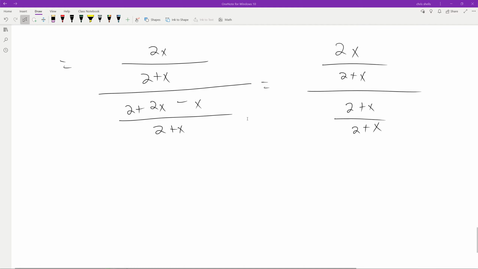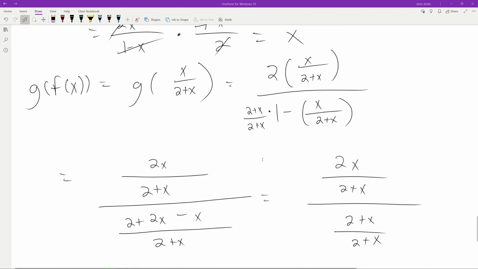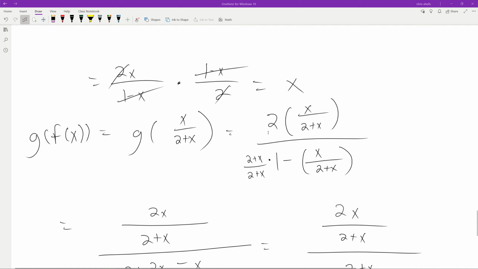Let's see, where did I make a mistake here? I'm certain I made a mistake in the copying. I'm trying to find where in the copying I made a mistake is all. X over 2 plus x.